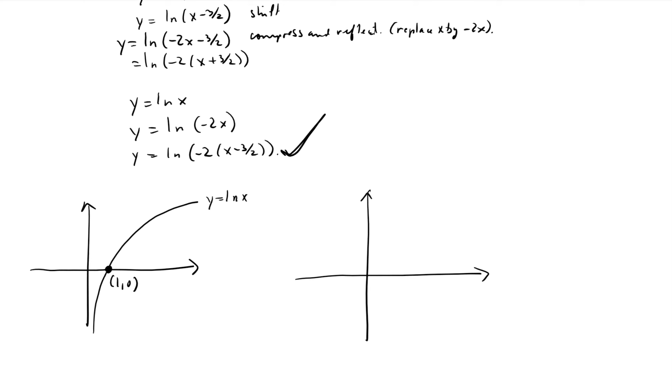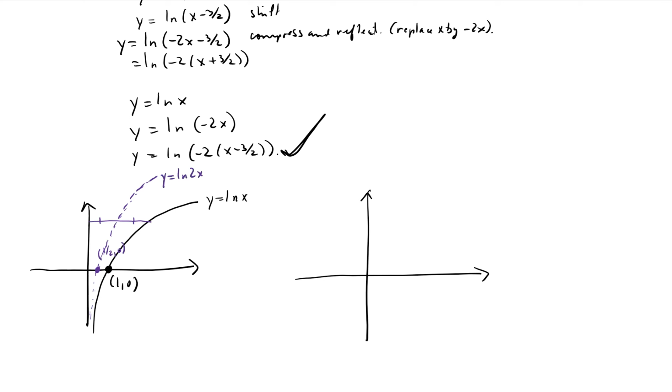The compression will create a graph that's a bit closer to the y-axis. So instead of 1, 0, we're going to have 1/2, 0, half as far. In other words, if I draw a line like this, this new curve should split my line in half. So this would be y equals ln of 2x.